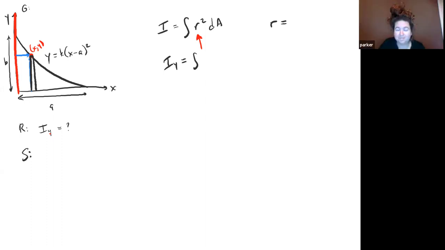No volunteers? Is it something minus a? Okay, we want to know the distance of this box from this line. I just said what that distance was maybe 60 seconds ago. It's a letter.